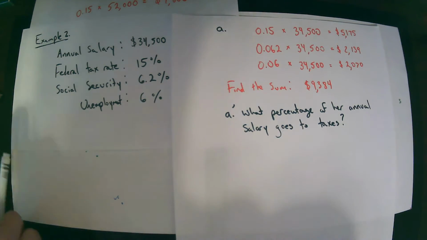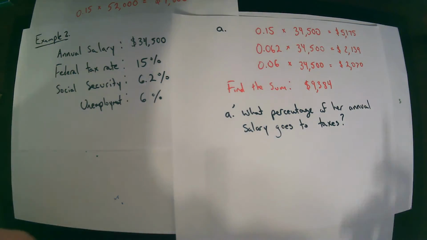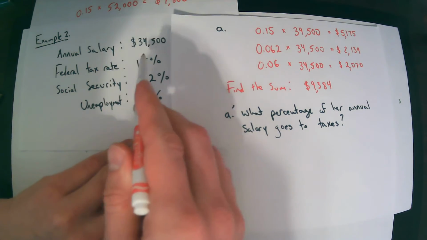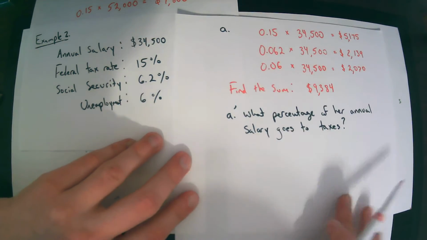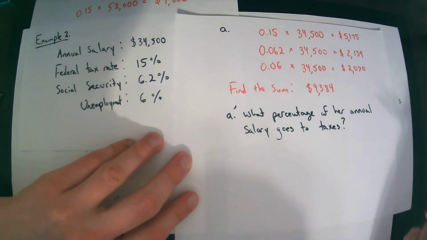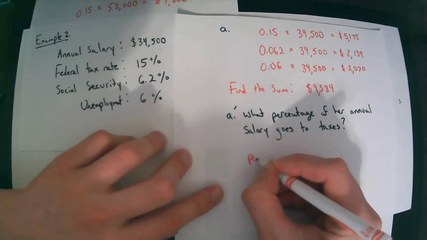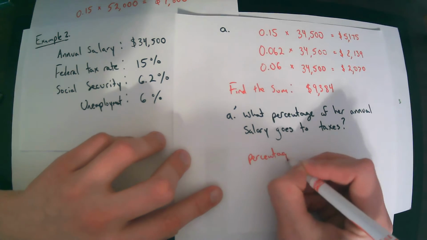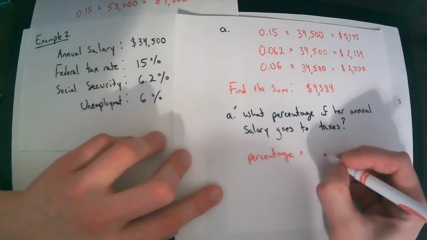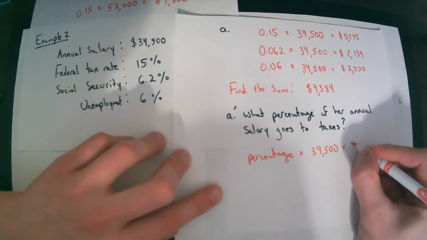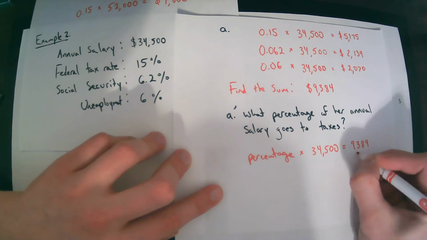Did I say that backwards? Let me restate that because I think I said it backwards from how I meant it. What percentage of the base 34,500 gives 9,384? So we're saying some percentage that we don't know times that base 34,500 is going to give me 9,384.